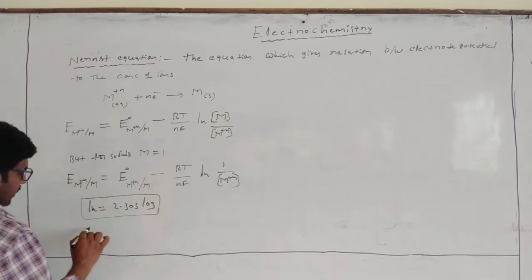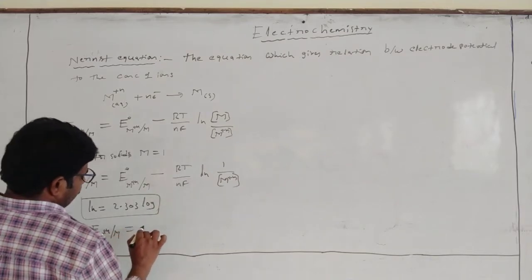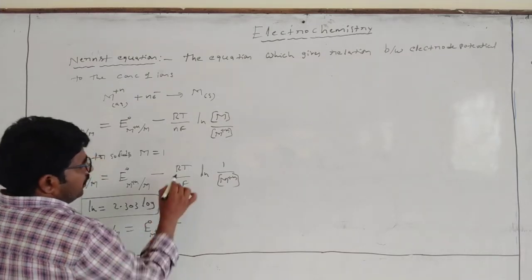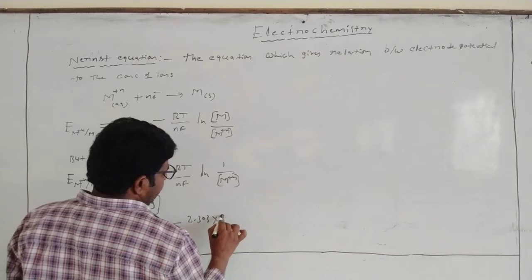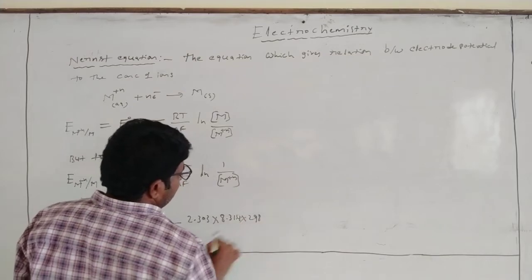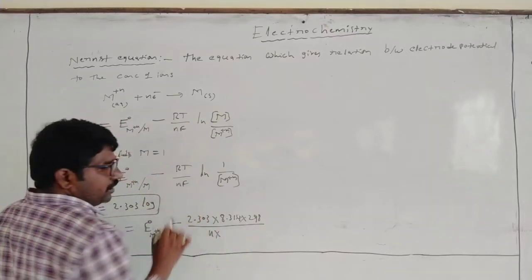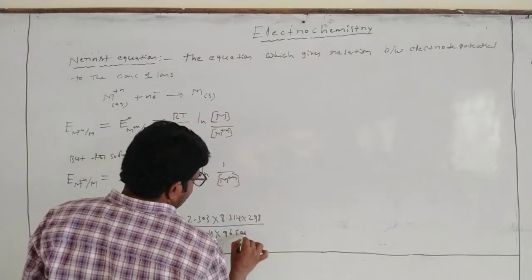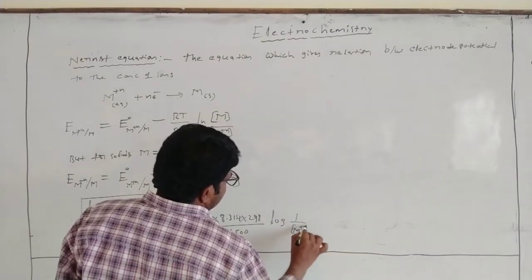Now E of M plus n by M is equal to E naught of M plus n by M minus 2.303 into R, which is 8.314, into T, which is 298 Kelvin, by nF, where F is the Faraday, 96,500, times log 1 by the M plus ion concentration.